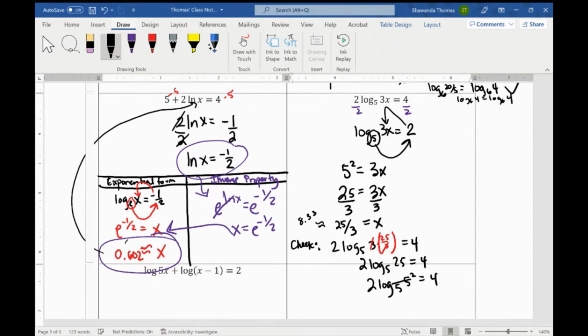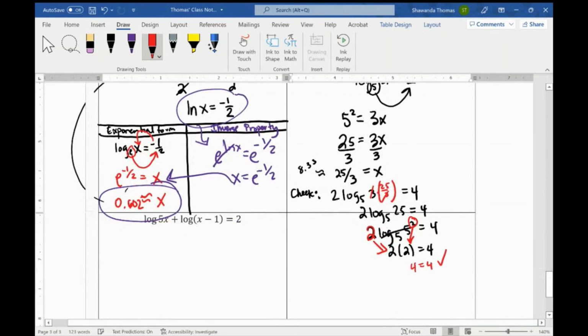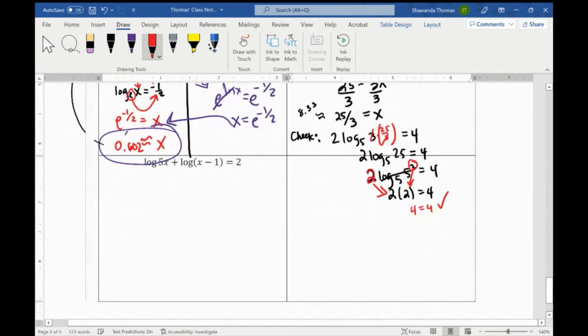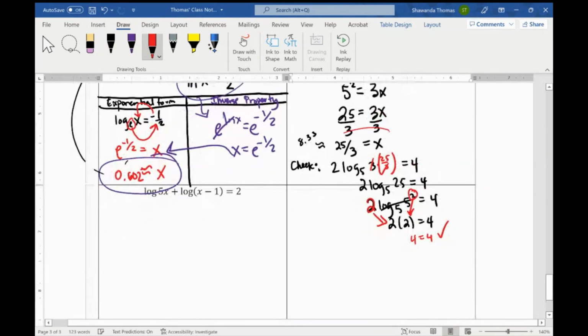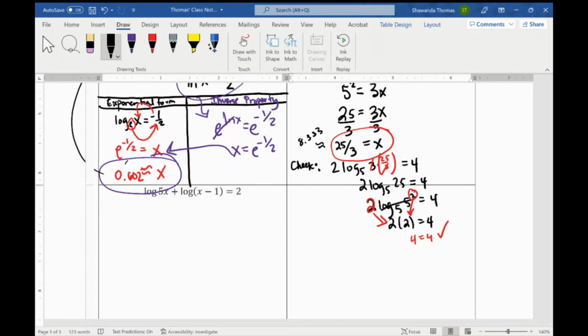You can cancel that out and you have 2 times 2 equals 4, which is true because you have that 2 here and you bring down this 2 here. So the left-hand side does equal the right-hand side. So that's why you know that 25 over 3 is your answer. And if you had to approximate it, if the instructions say approximate it, the answer is 8.333.